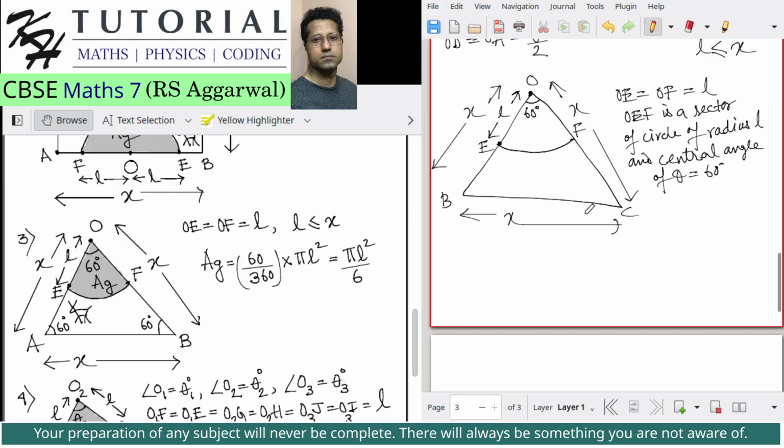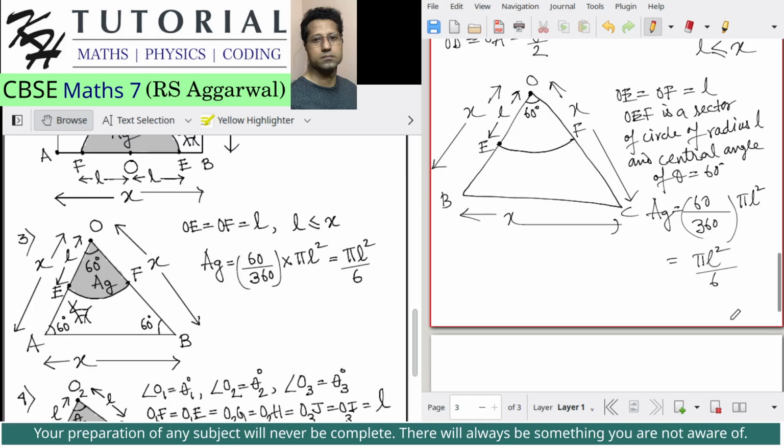So what will be the area of this sector? It has a central angle of 60 degrees, and it is a sector of a circle of radius L. So the area in this case will be 60 by 360 multiplied by pi L squared. 60 by 360 is 1 by 6. So the area will be pi L squared by 6.